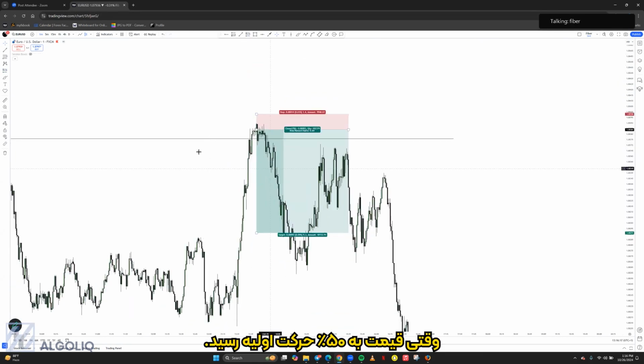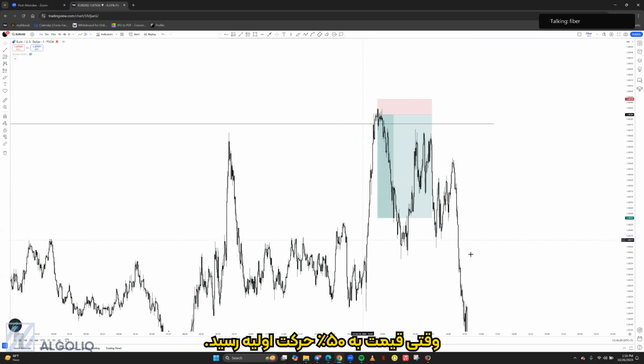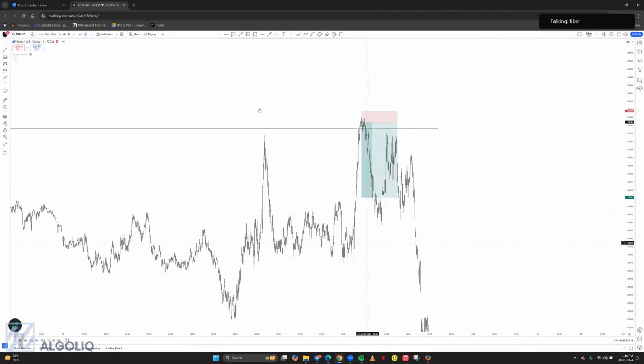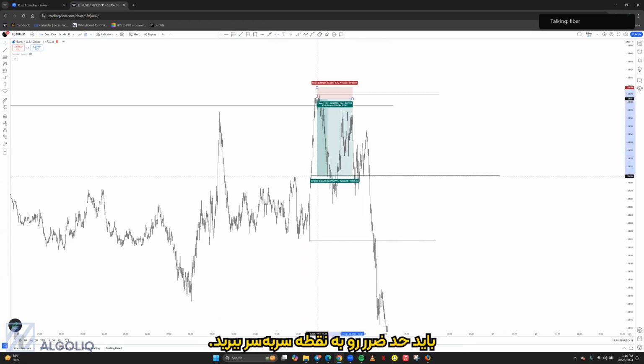The moment you have price at the 50% of the initial push, you have this high and this low as your range. The moment price gets to the 50% of this range, you can break even.